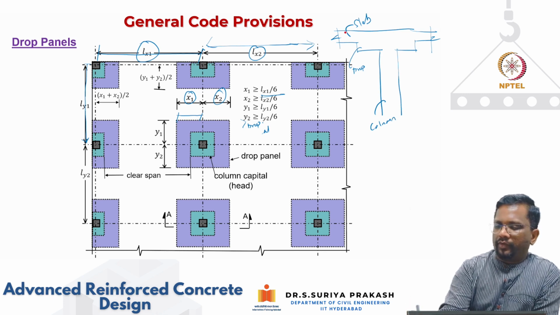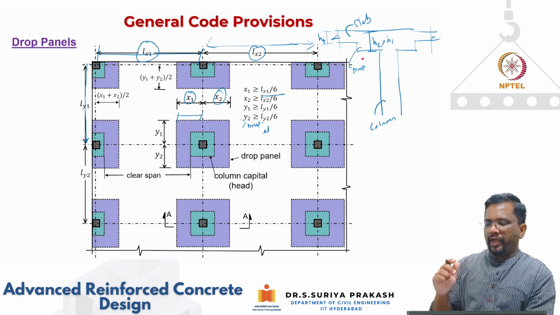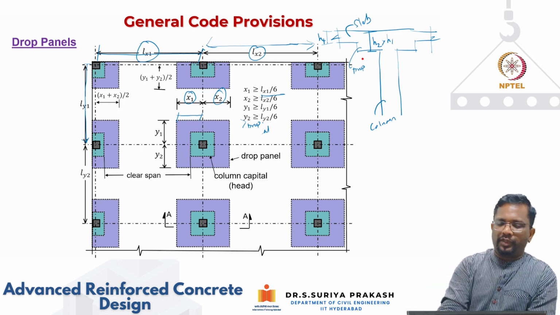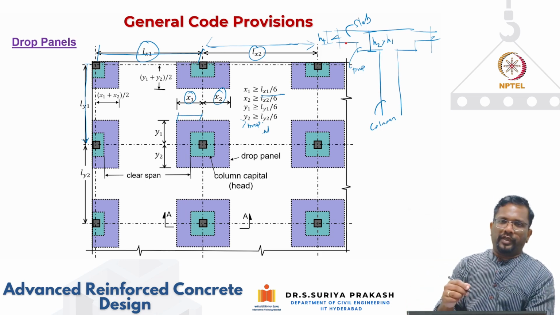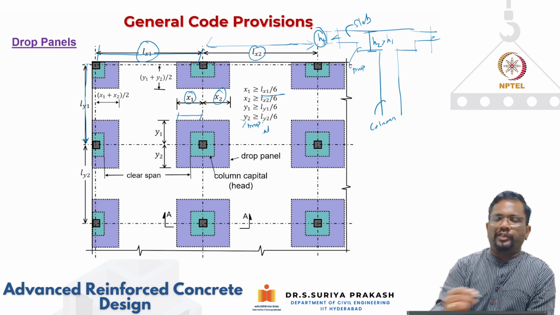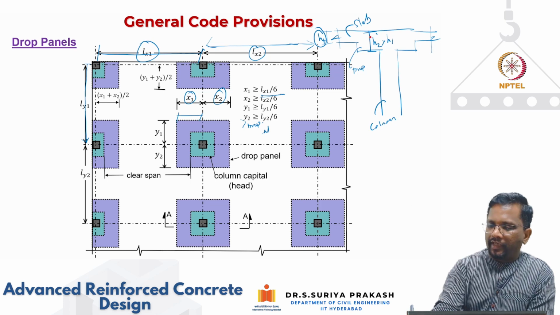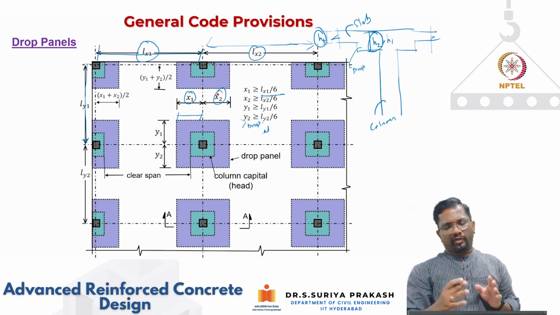This thickness is, let's say, h1, and the total thickness is h2. h2 is definitely greater than h1, because now we are also including the thickness of the drop panel. If I put these minimum dimensions of the drop panel in my moment resisting capacity calculations at the support regions, instead of taking the h1 depth in my calculations, I can take h2, provided I satisfy these x1 and y1 dimensions for the slab.